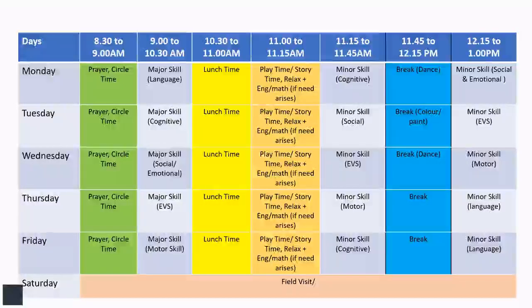So I hope this kind of teaching plan and timetable management will be very, very useful for preschools in attaining the very basic objective of skill development in a preschool setup.